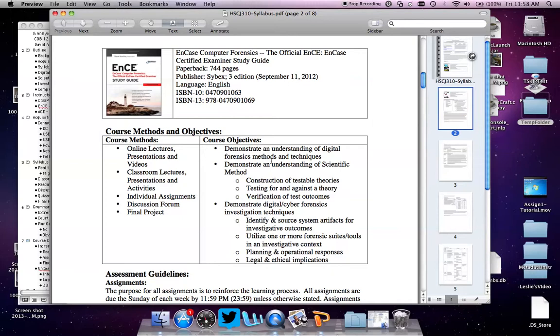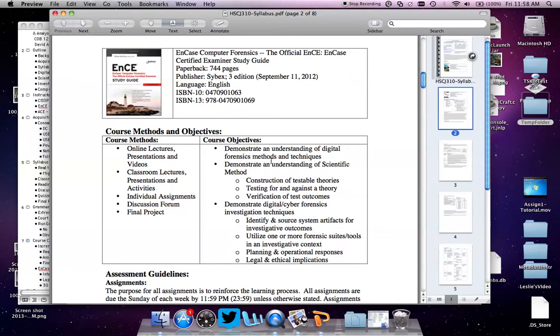The course objectives for this class are to demonstrate an understanding of digital forensics methods and techniques. You should be able to demonstrate an understanding of scientific method, which includes construction of testable theories, testing for and against a theory, and verification of test outcomes. You should also be able to demonstrate digital and cyber forensic investigation techniques, such as identifying and sourcing system artifacts for investigative outcomes, and utilizing one or more forensic suites and tools in an investigative context.